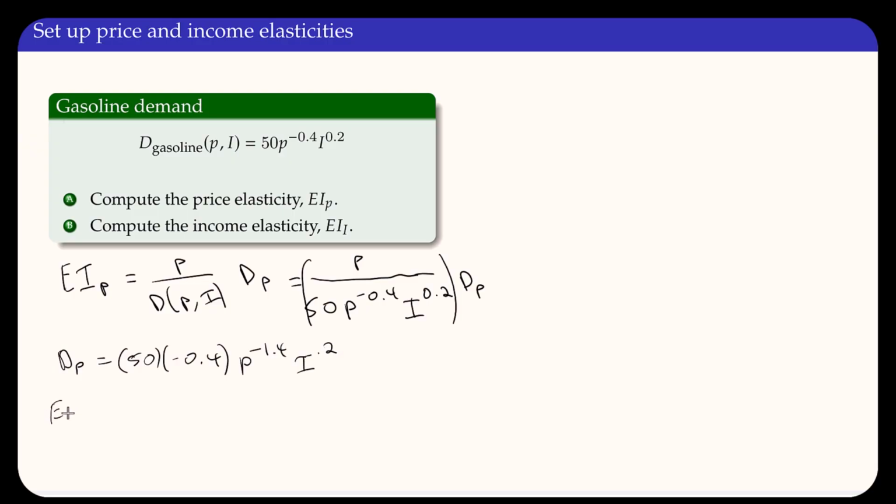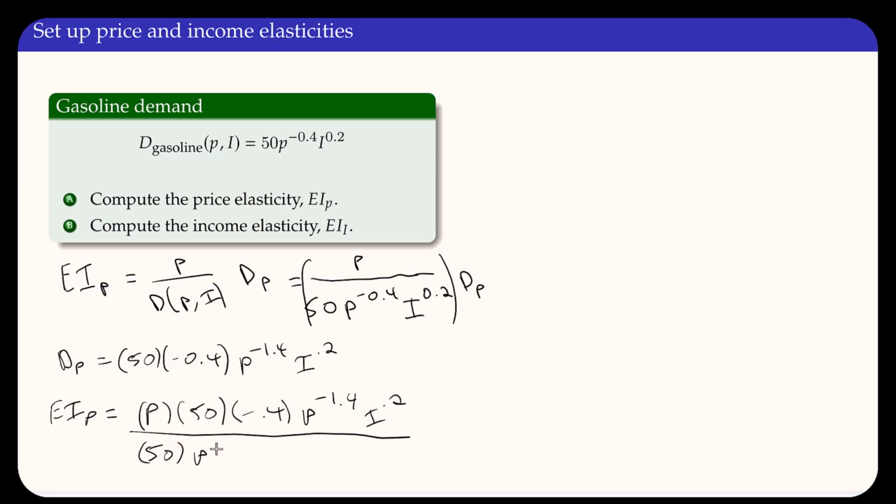Combining these together, we get P times D subscript P, which is 50 times negative 0.4 P to the negative 1.4, I raised to the power of 0.2, divided by the demand function itself, which is 50 P to the power of negative 0.4, I to the power of 0.2.